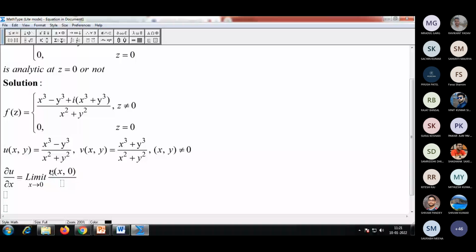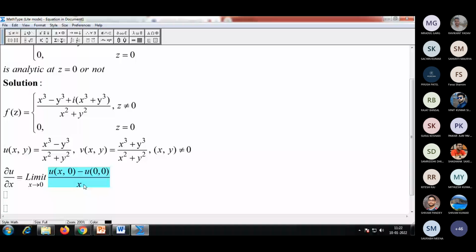minus u(0,0) divided by delta x. Please check, am I right or not? Yes, sir. Because as per the definition, del u by del x means u(x plus delta x, y) minus u(x,y) divided by delta x.